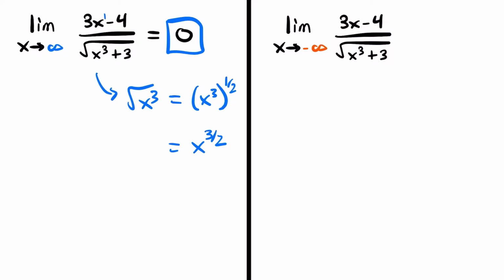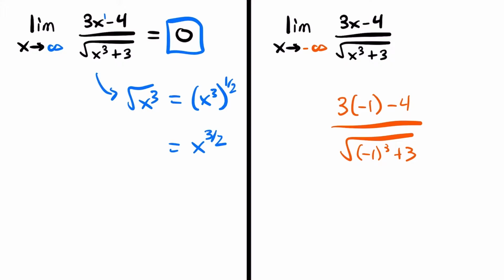And so what I mean is, watch what happens if we plug in some negative numbers into this function. I'll start with -1. If we plug in -1, we'll have 3 times -1 minus 4, and that will be divided by the square root of -1 cubed plus 3. Now if we simplify this, we'll have 3 times -1, that would be -3 minus 4, and that would be -7.